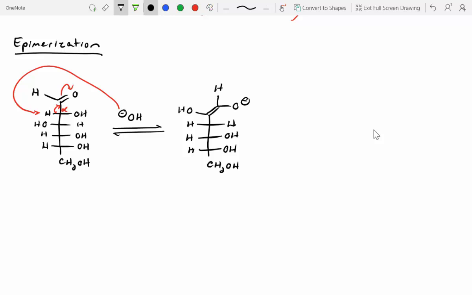There we go. So now we've got our enolate after that epimerization.